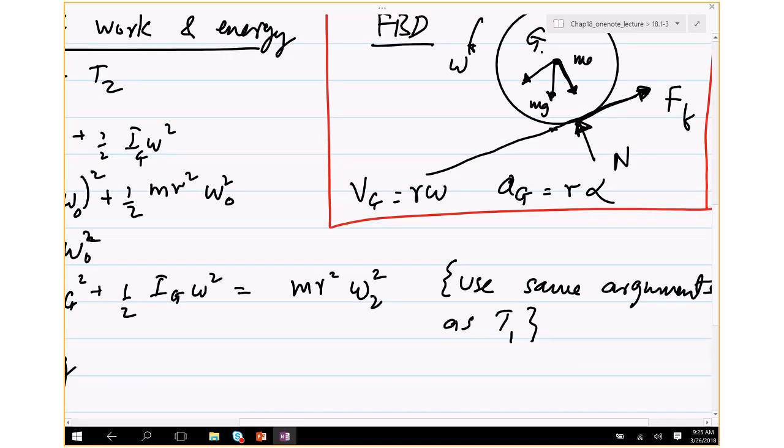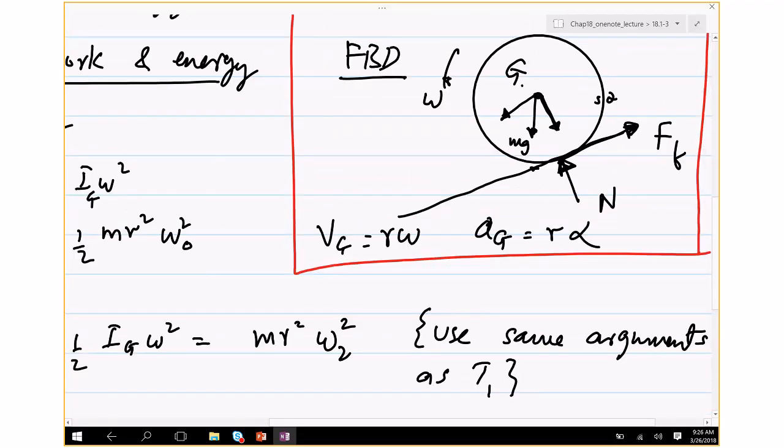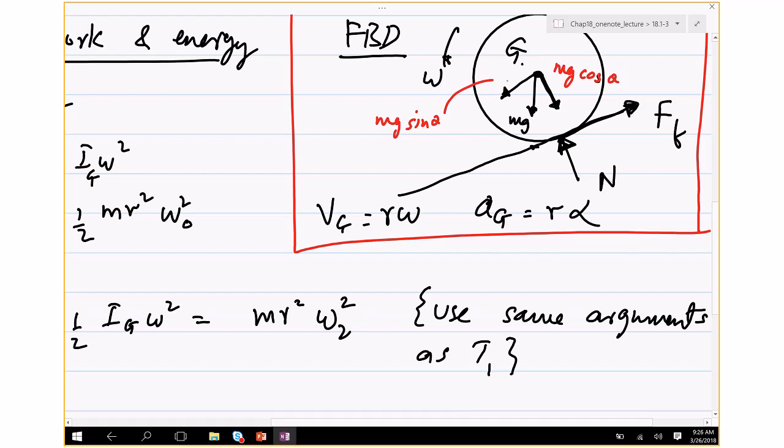So this is going to be mg cosine theta. And this is going to be mg sine theta, right?